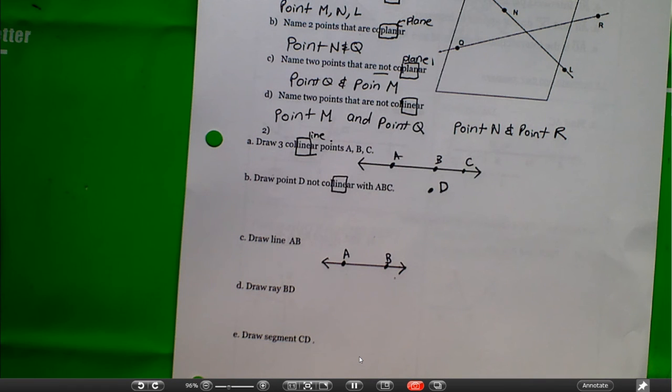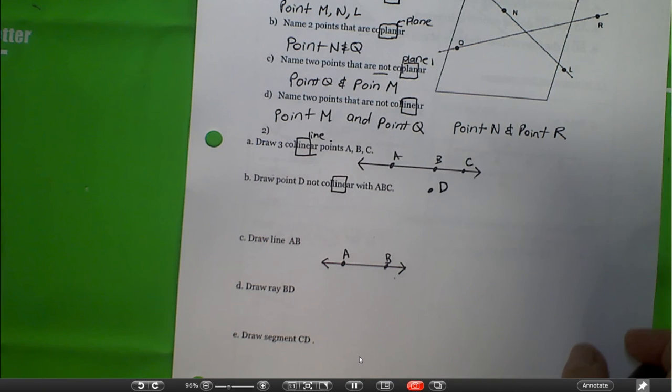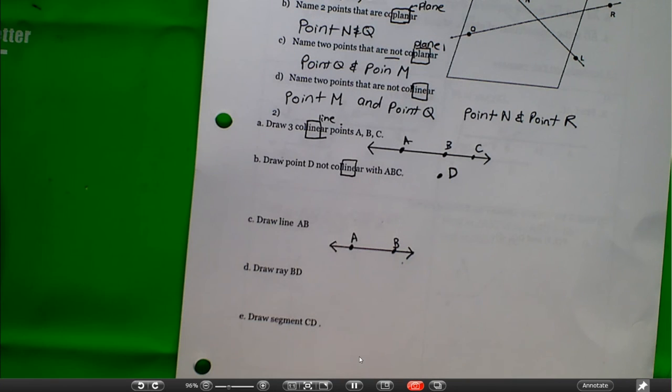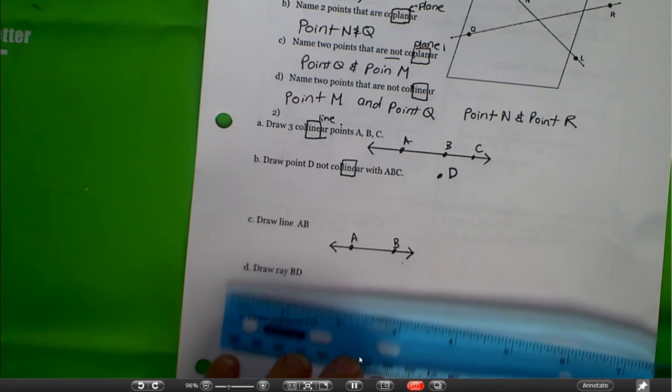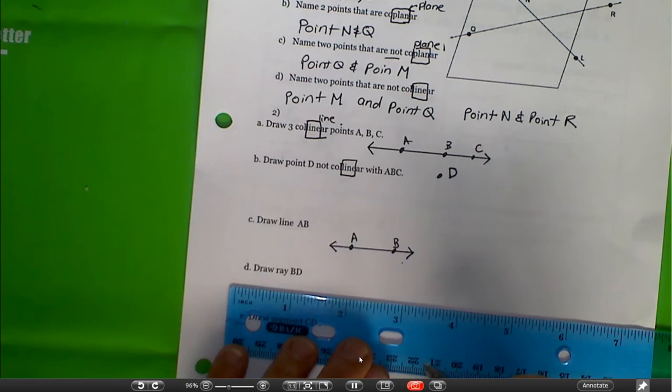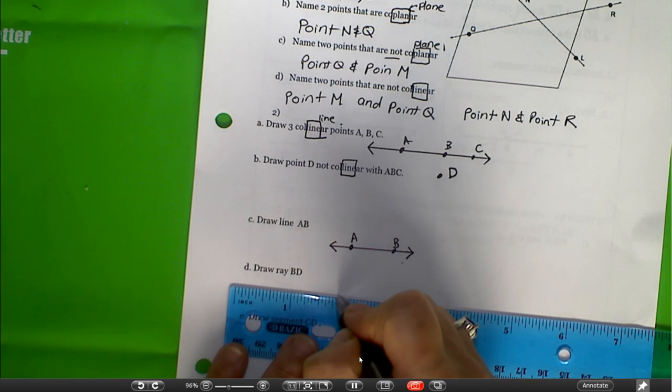Draw ray BD. So I'm going to wait a minute while you draw that ray. Which end's the point, which end's the arrow? That's what I'm looking at. Okay. I'm drawing it.